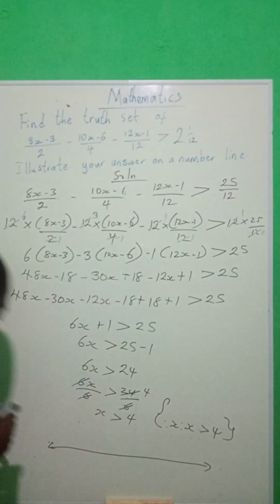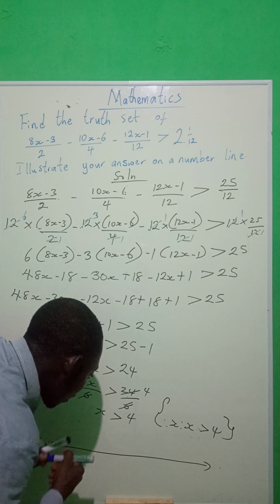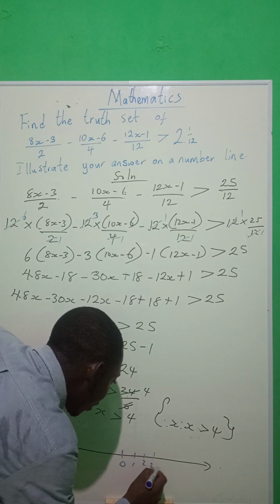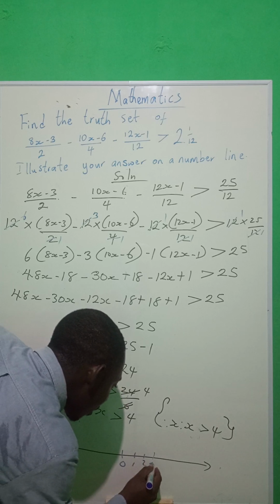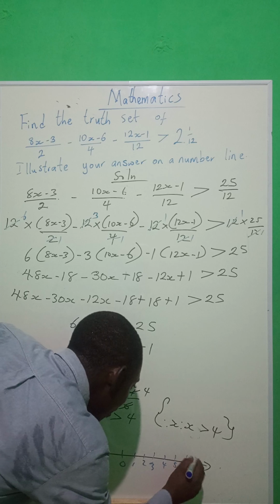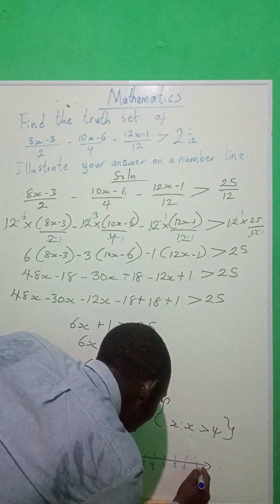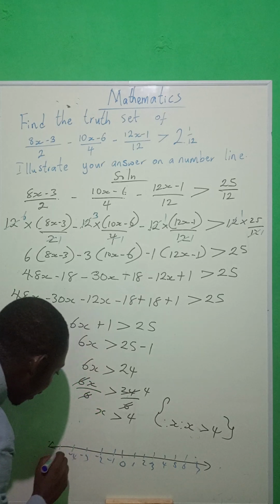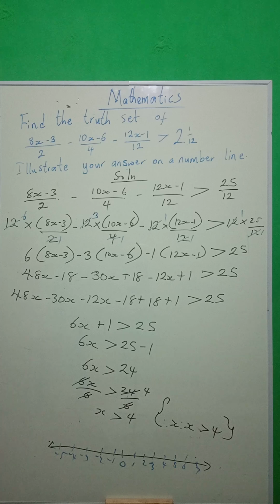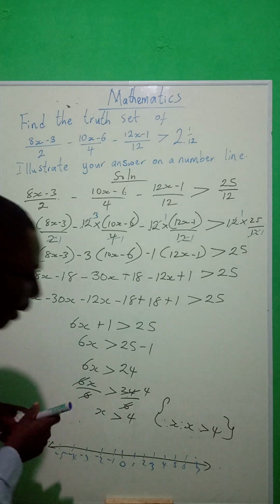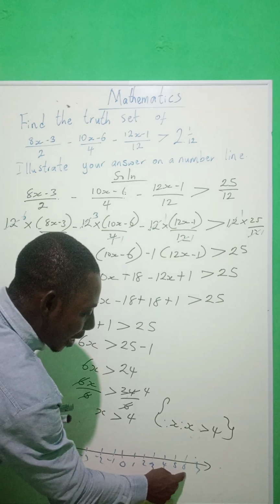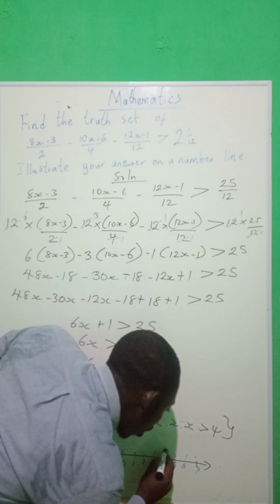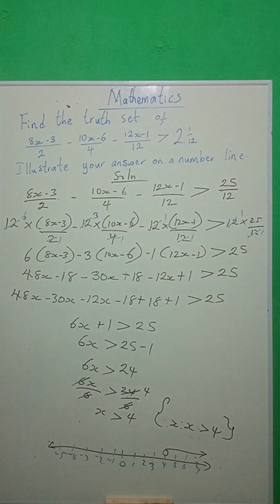Then you do some little calibrations on it like this: 0, 1, 2, 3, 4, 5, 6, 7, and negative 1, negative 2, negative 3, negative 4, negative 5. If you say x is greater than 4, the numbers greater than 4 are 5, 6, 7, and continue. So you stand on the 4 like this. All these numbers are greater than 4, and that is how you represent it on the number line.